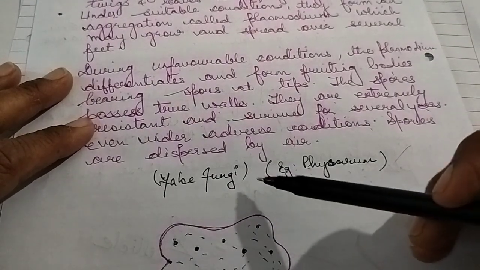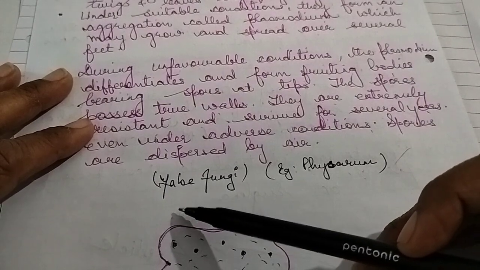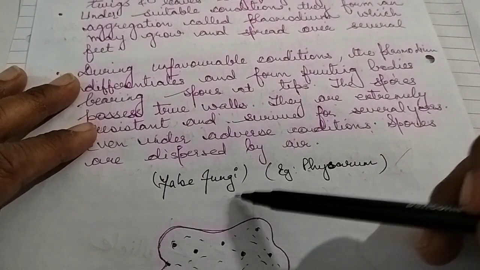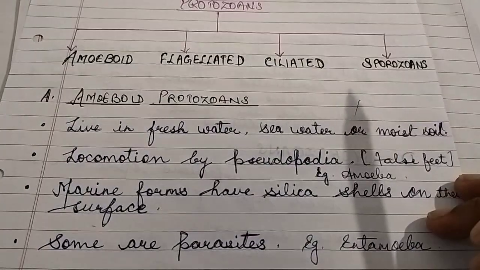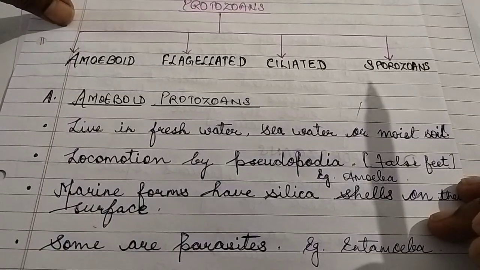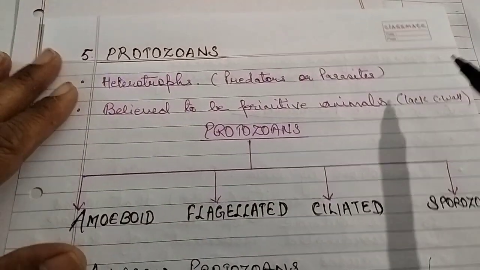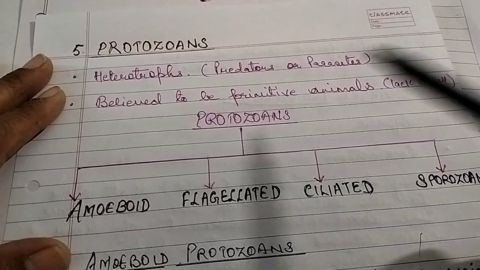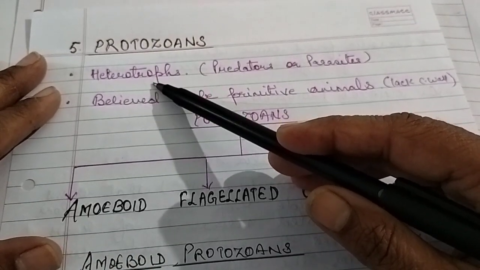Slime molds are protistans and they are known as false fungi. Important thing, remember. Now next protistan is protozoans. Fifth group is protozoans. Now protozoans, they are heterotrophs. Okay, they are heterotrophs.